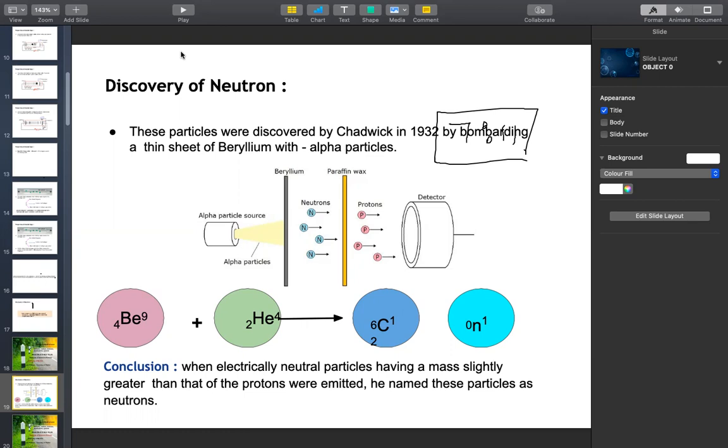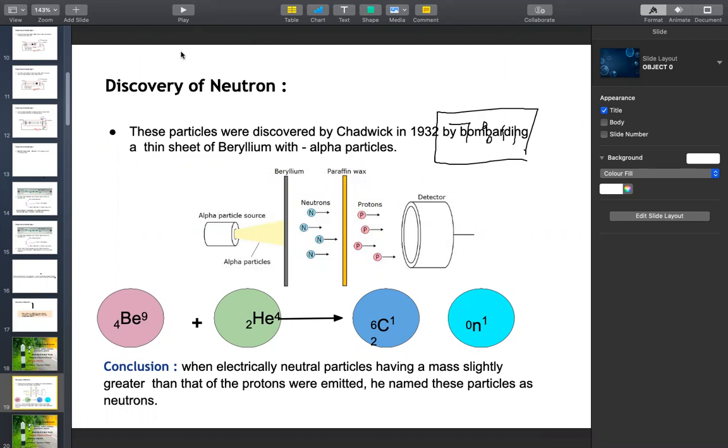But then hydrogen and helium masses were observed. Helium mass was 4 times more than hydrogen. But helium has just 2 protons, while hydrogen has 1 proton.